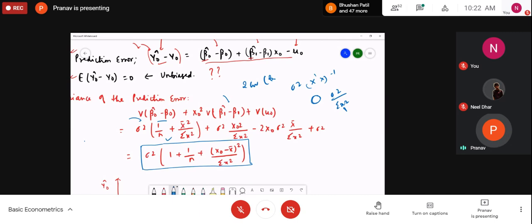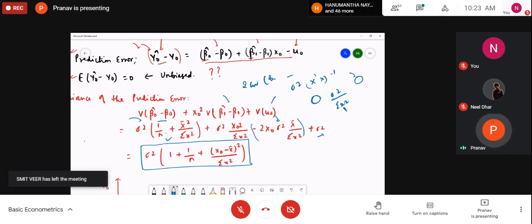The covariance of beta naught and beta 1 comes from the off diagonal elements, and you have a minus term over here, which is the covariance of beta naught hat and beta 1 hat, plus the variance of the error term that is known to us, that is sigma square.